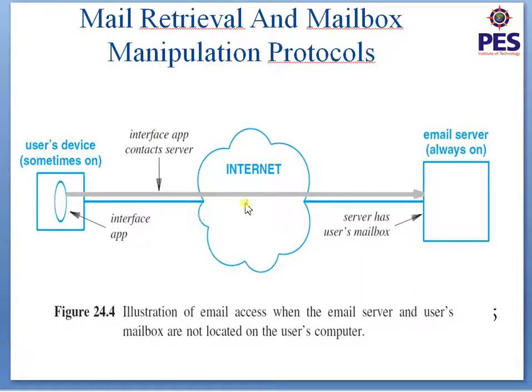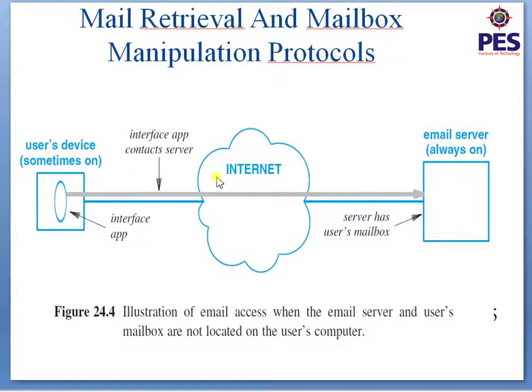If we run an SMTP server on a device, for example a mobile device, the device may not be up and running all the time, so we require a dedicated server which is always connected to the internet and which can save our emails.